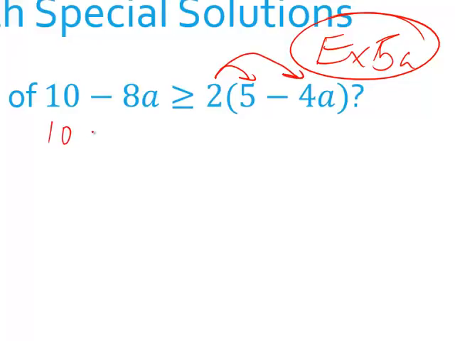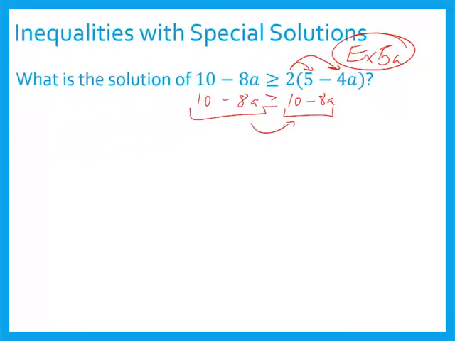So bring down the 10 minus 8a is greater than or equal to 2 times 5 is 10. 2 times negative 4a is negative 8a. Now, as you see, this is the same thing as this. They're equal. So since they're the same, and our inequality has a greater than or equal to, that equal to makes this a true statement.